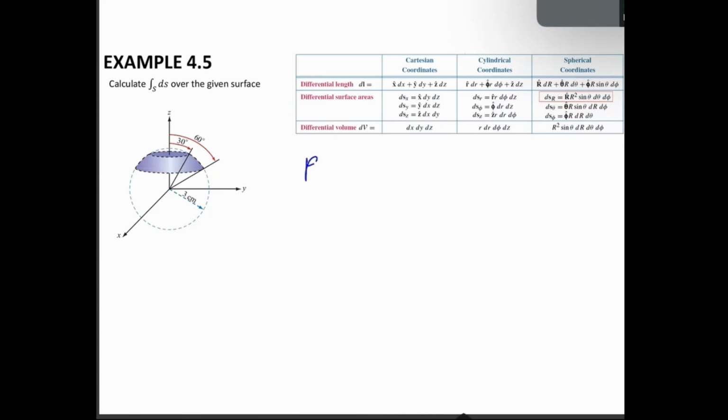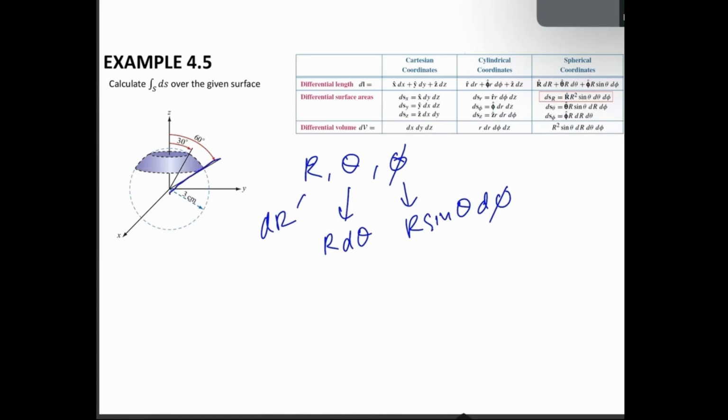Spherical, we have r, theta, and phi. This one is r dθ. Phi is r sine theta dφ. And dr, where r exists, so r is constant. So the variables will be theta and phi.